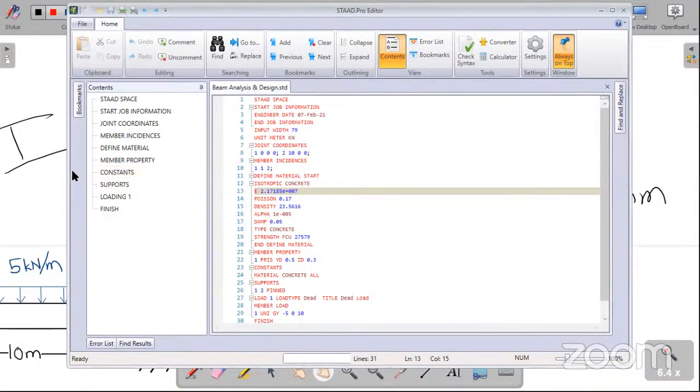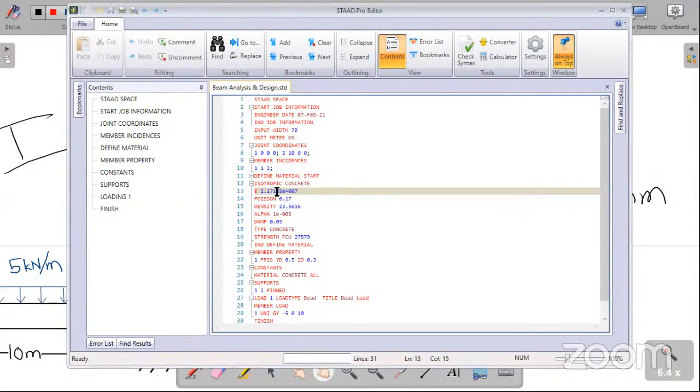That is in Newton per mm square, but here all the values are in kilonewton and meter square. So I need to divide this by 1000 and multiply it by 1000 square. Then only it will get converted into kilonewton per meter square. So I'm getting 2.236 into 10 to the power 7.